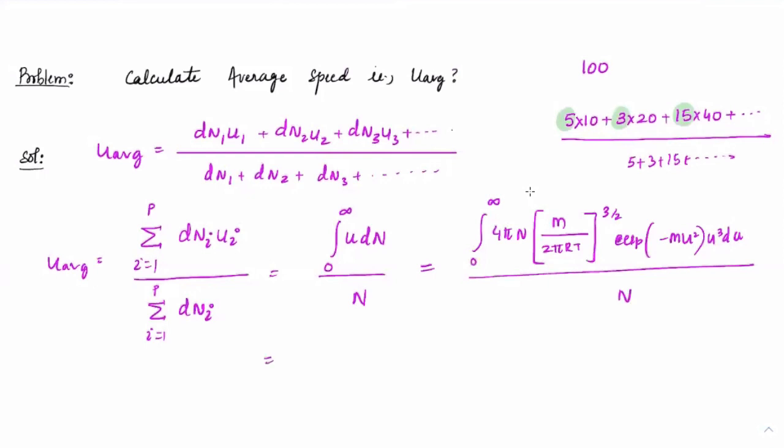If you do that integration, you don't have to do it, you know how it is. You just have to worry about the result. It comes out to be the square root of 8 RT by pi m. So this will be the U average. Everybody understood how to get it?